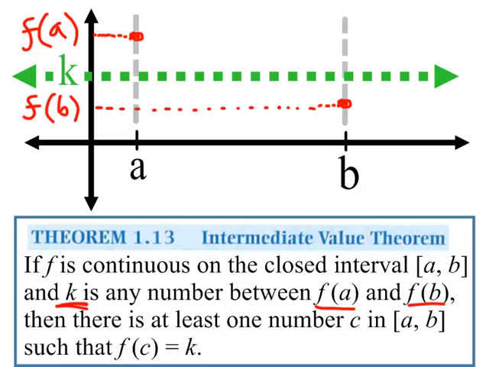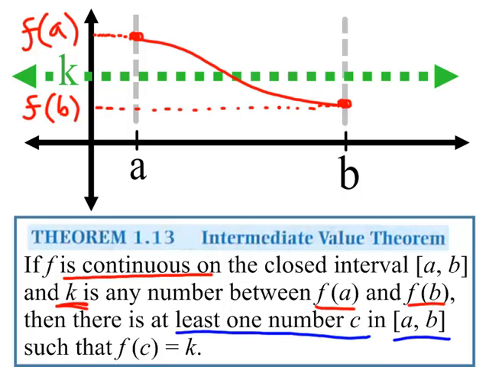And if we are going to draw a continuous function that connects those 2 points, the intermediate value theorem states that there is at least one number c on the interval from a to b, and again, those are x values. There's at least one number c where f of c equals k. And in this case, the way I've drawn it, here is where c would be on the interval from a to b, and we see that f of c does equal k in this picture.